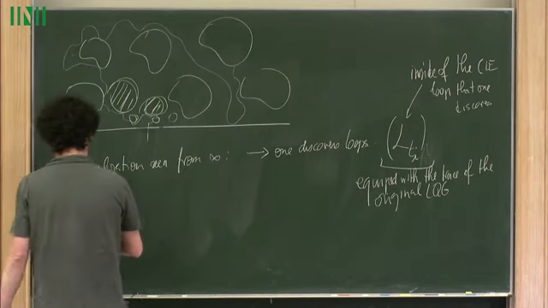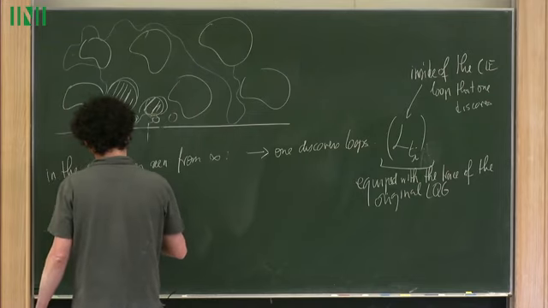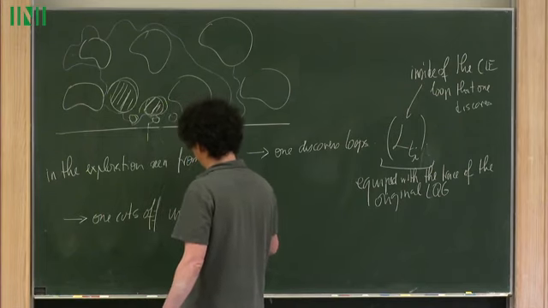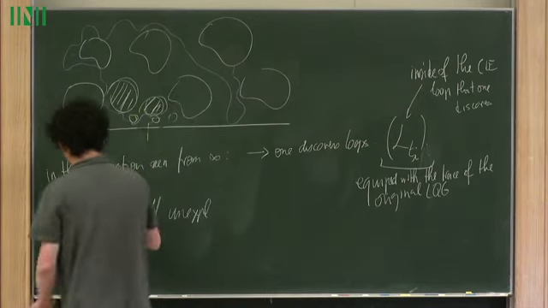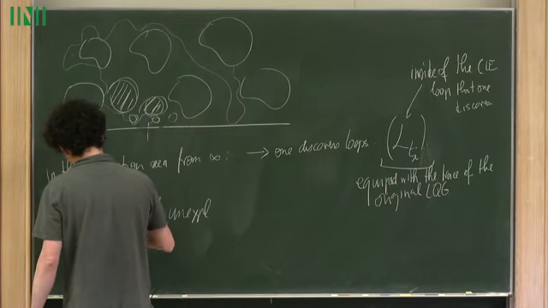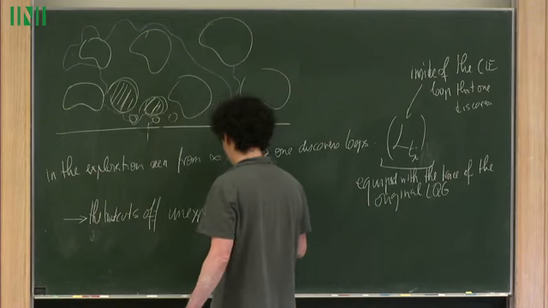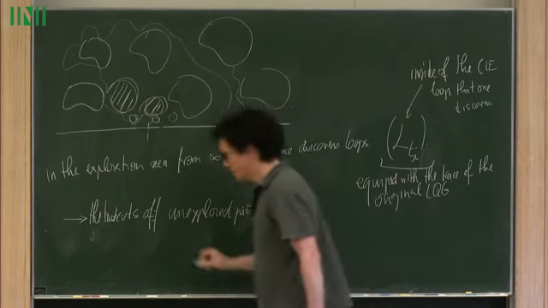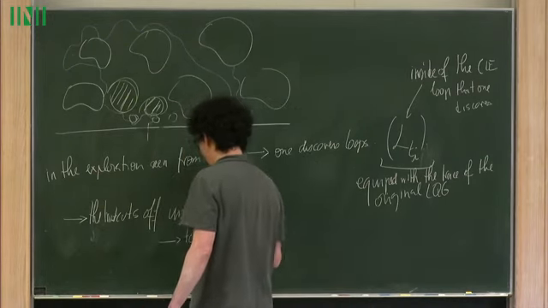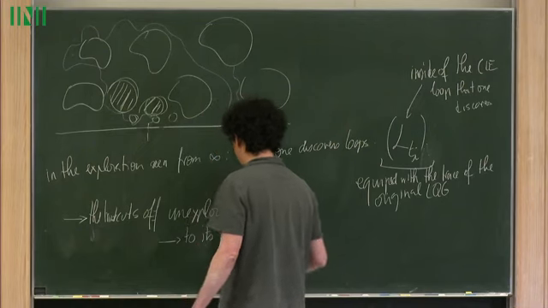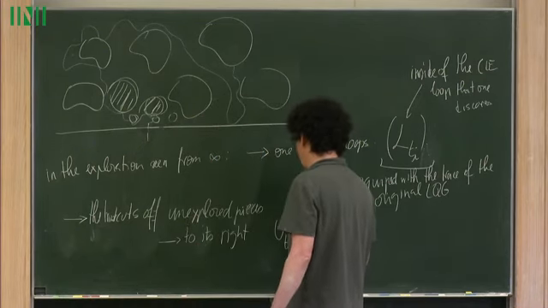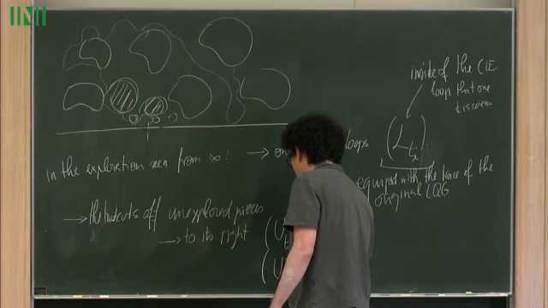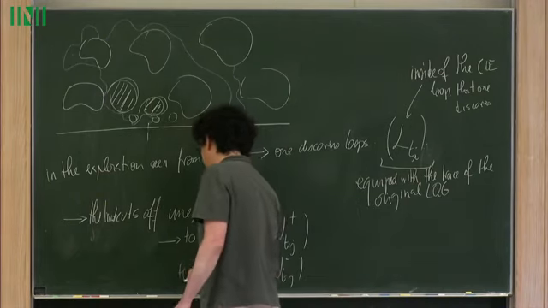Now one cuts off unexplored pieces of the trunk: let's call them U_t^j plus to its right and U_t^j minus to its left.